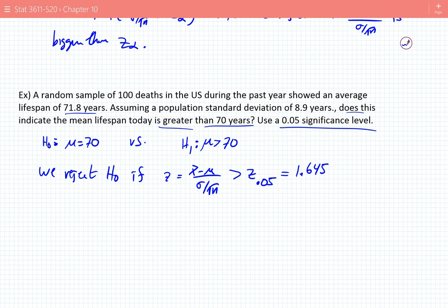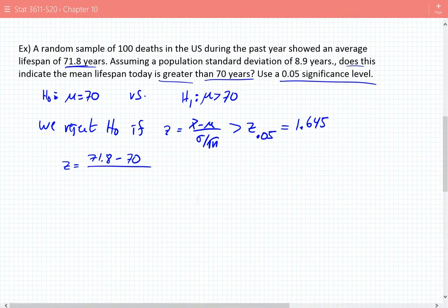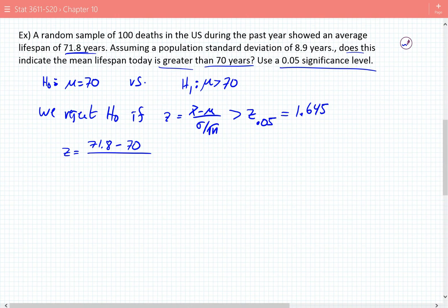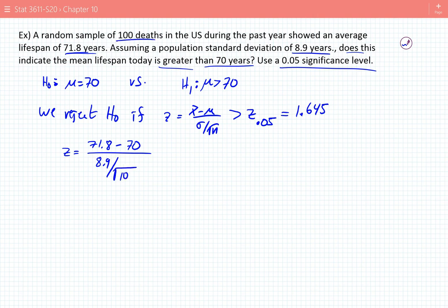All right. So what does our test statistic say? Well, we have a sample mean of 71.8. So x bar is 71.8. The assumed population mean is 70, divided by sigma, population standard deviation of 8.9, over the square root of n, and this was a sample size of 100.